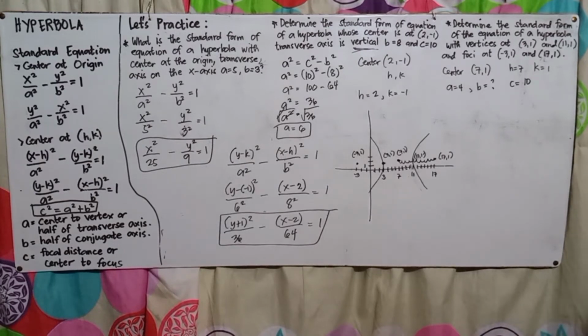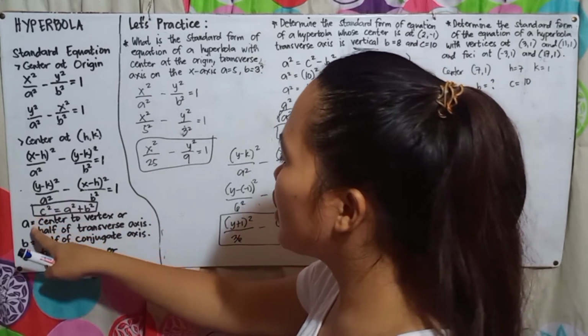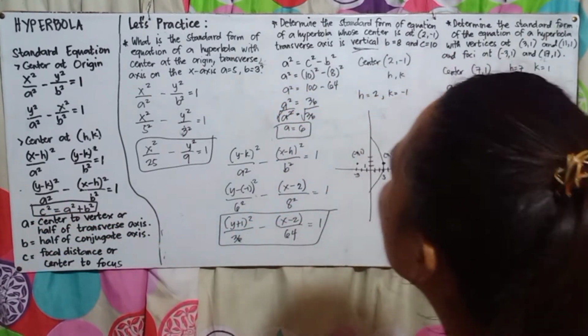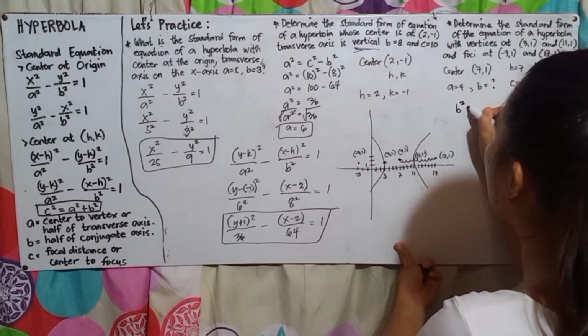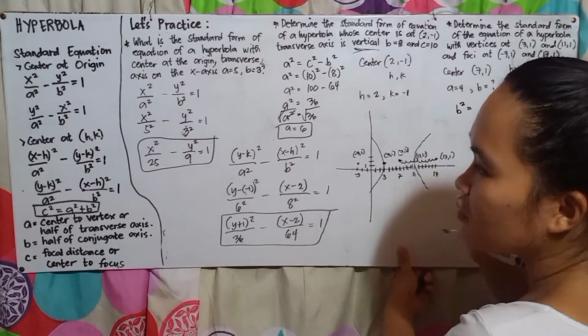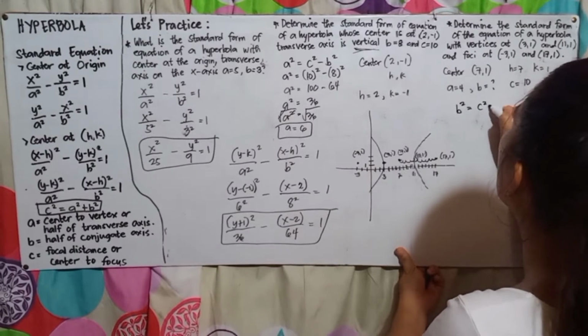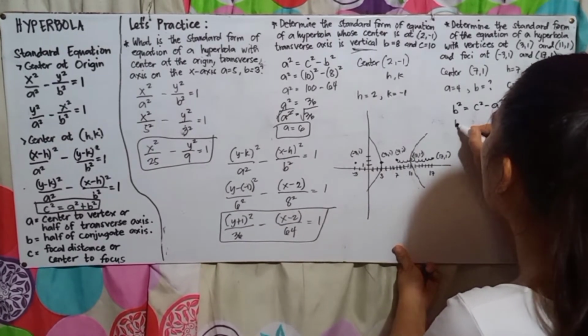From the given formula, c squared equals a squared plus b squared. So we derive the formula for b: b squared equals c squared minus a squared.